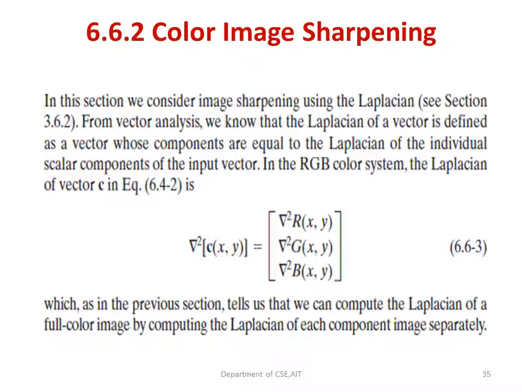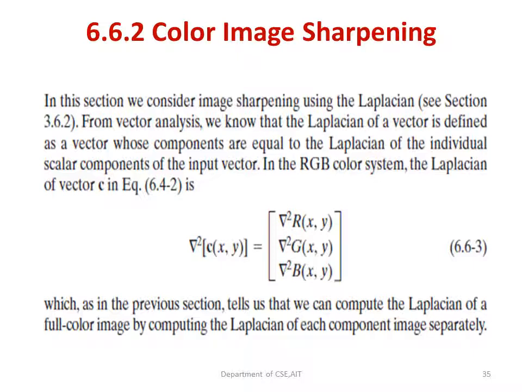Now we will see color image sharpening. Here we are going to make use of the Laplacian. From vector analysis, we have seen that the Laplacian of a vector is a vector whose components are equal to the Laplacian of the individual scalar components of the input vector.